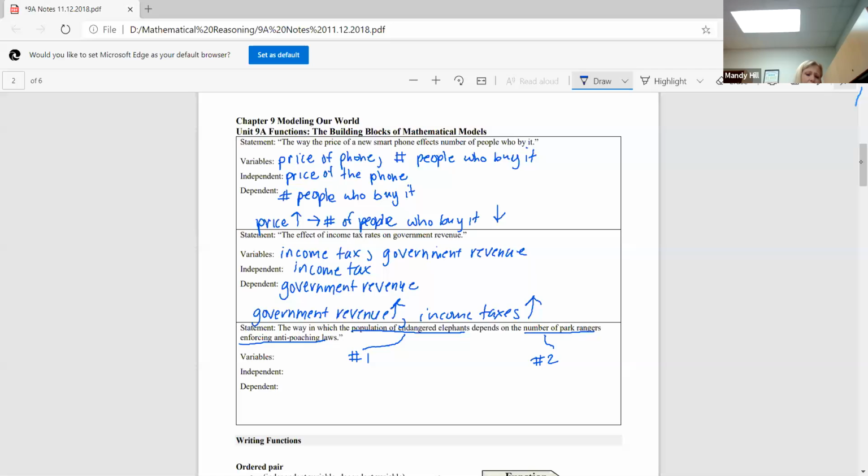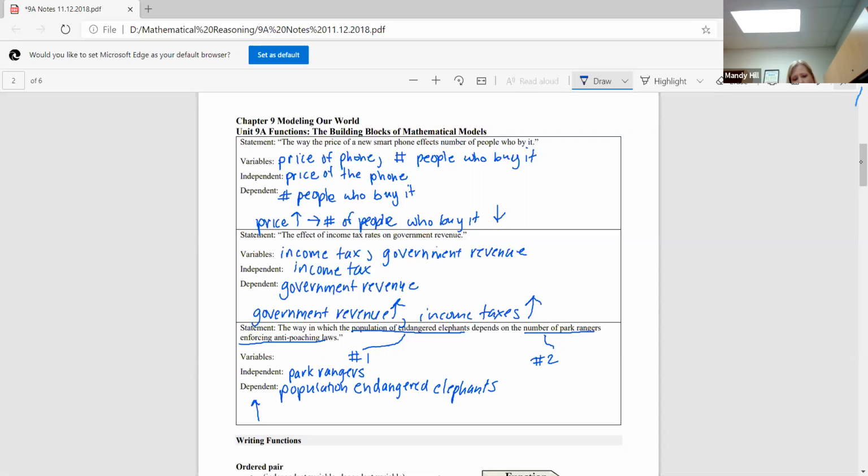Well, you would expect that if we had a whole bunch of park rangers enforcing the laws, it's going to affect the population of endangered elephants. Okay, that should have a relationship.